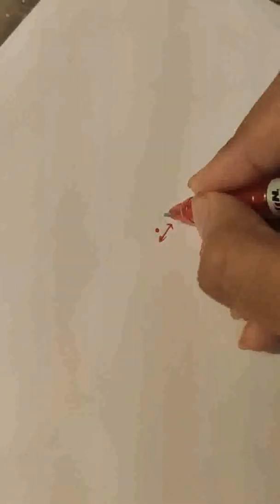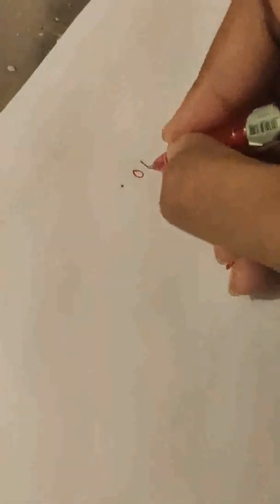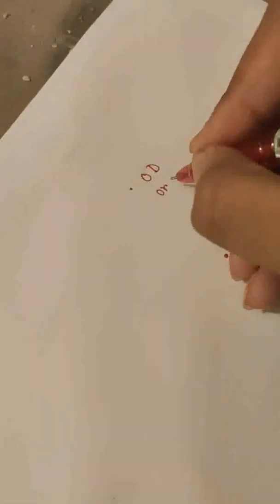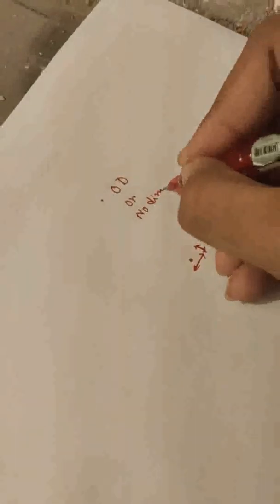You can't measure it by longitudinal or latitudinal or even by height, but the point itself exists. So when we talk about a point, it is 0D, or better to say no dimension.